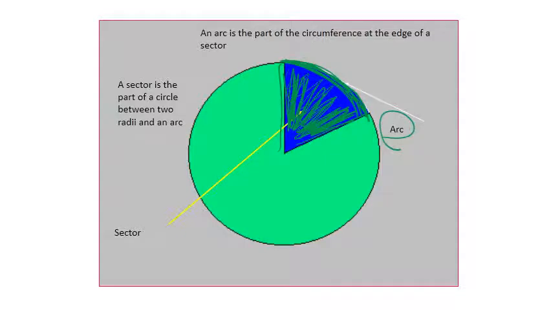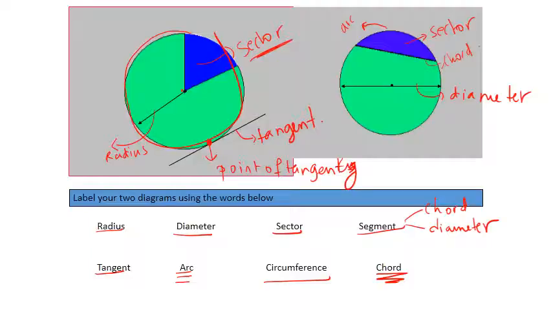And now the arc is a part of the circumference, and this full part, we call it the sector. The sector is the full part between the 2 radii and the arc. So the arc again is part of the circumference.